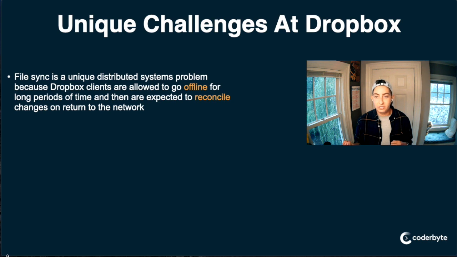So this is a pretty unique challenge because to reconcile changes that are not happening online all at once, there's an endless possibility of potential things to reconcile. So it's a very interesting problem, and we'll talk more about how Dropbox goes about actually building a system that can do this.